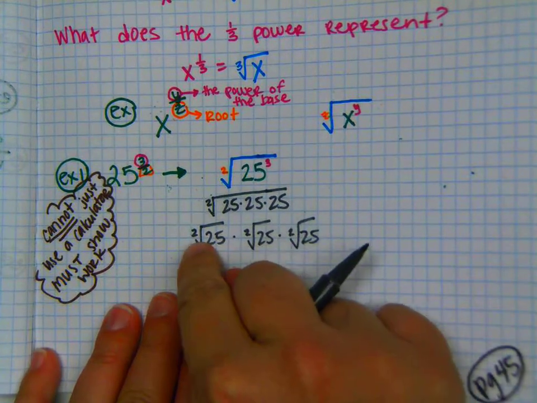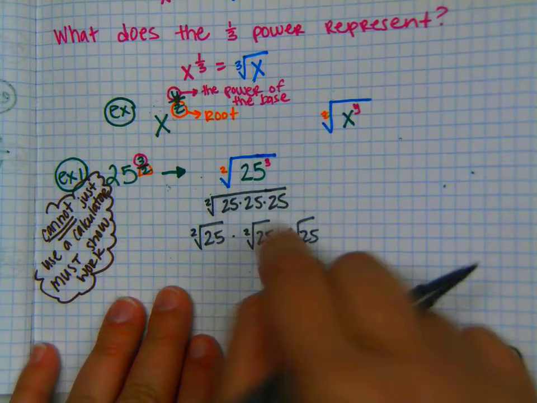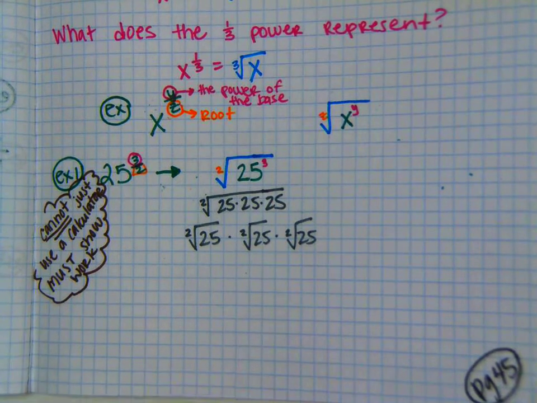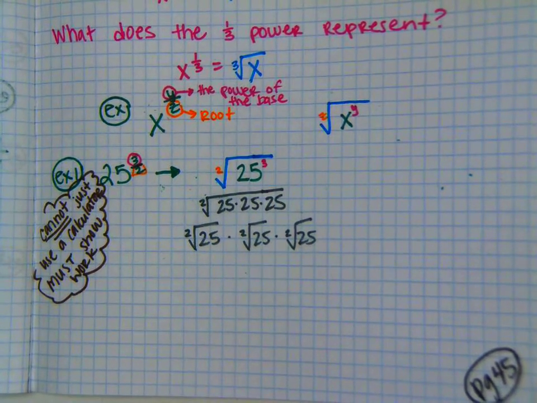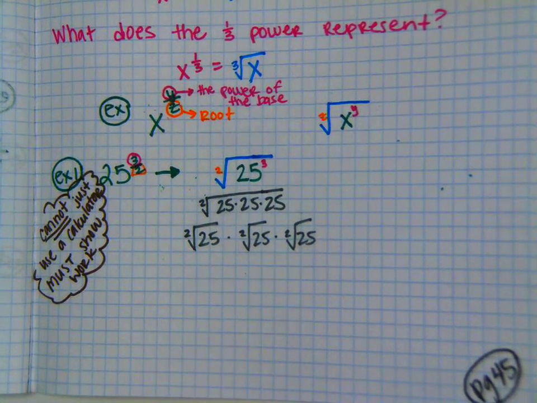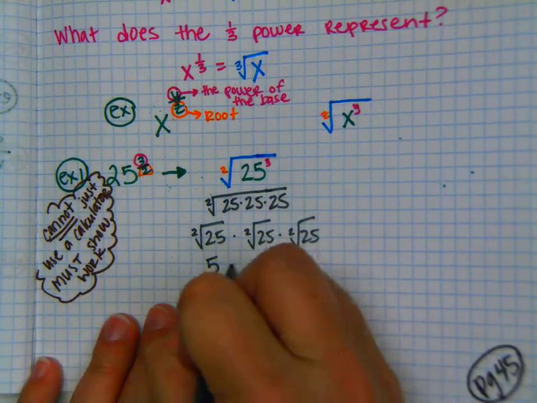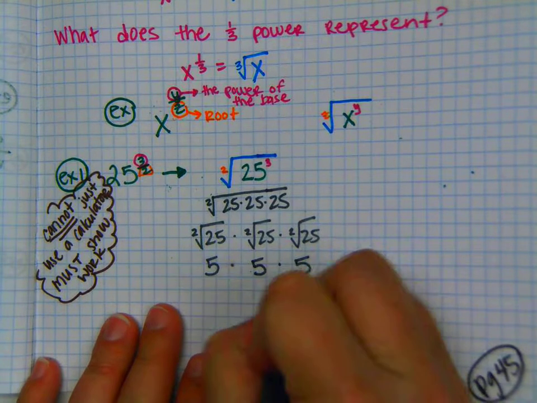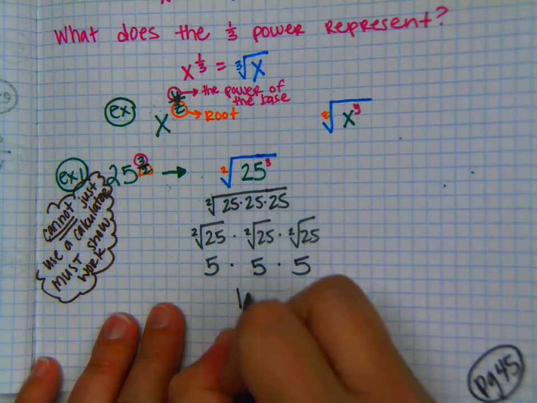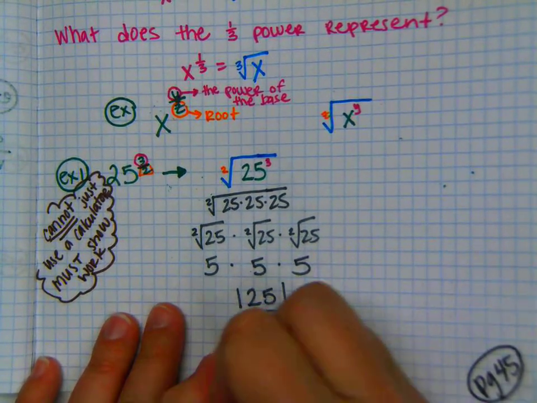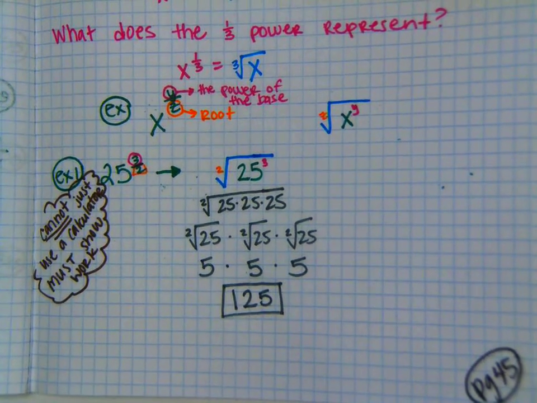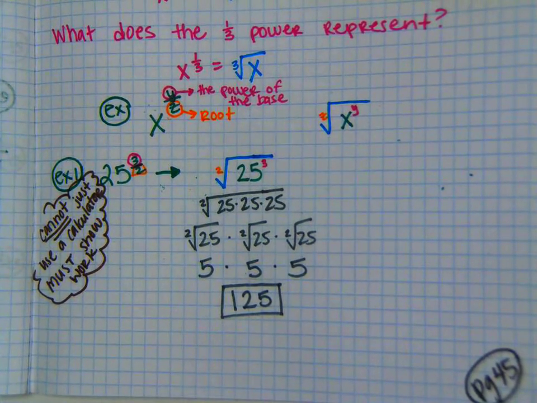Do I need to write those 2's right here? No, right? Because if there's nothing there, we know it's a square root, but I just wrote those so that we could see it. And we know what the square root of 25 is. What is the square root of 25? That would be 5 times 5 times 5, which will give us an answer of 125. Okay? So that's how we break it down using that rule.